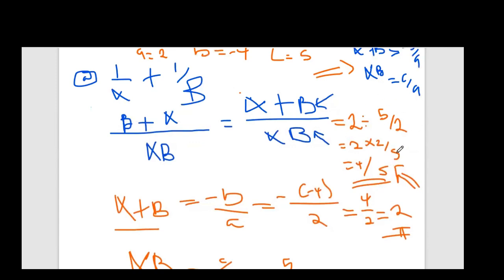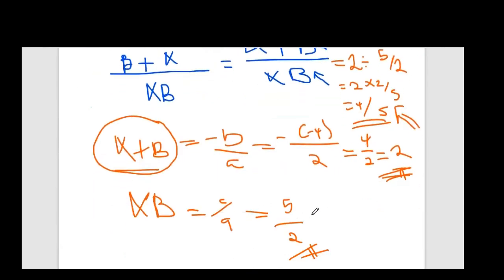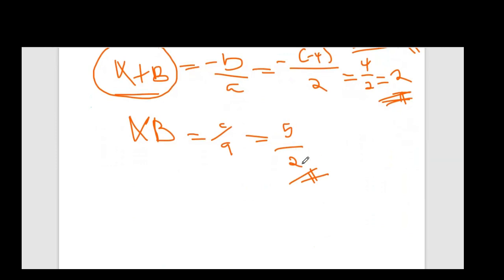Yes, sir. Okay, so there we have this value here, and then we said common denominator we have alpha beta, then on top there we have alpha plus beta. So there I was just replacing the numbers. From our values you can see that alpha plus beta we found was 2, and alpha multiplied by beta we found was 5 over 2.